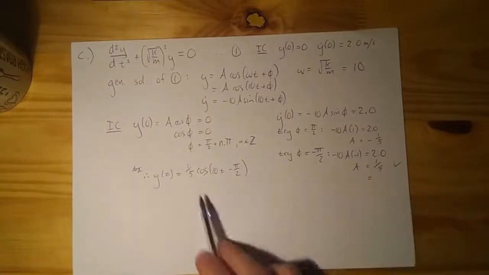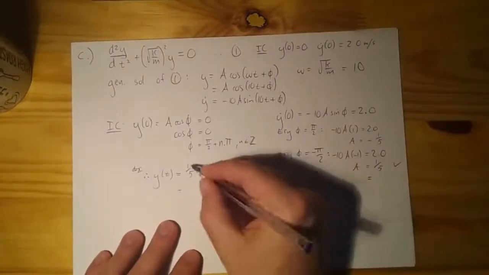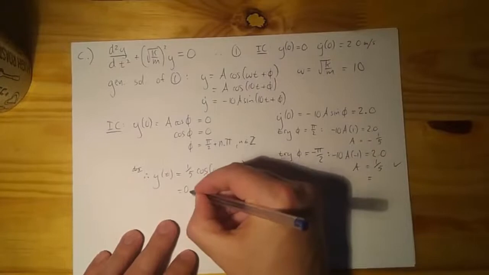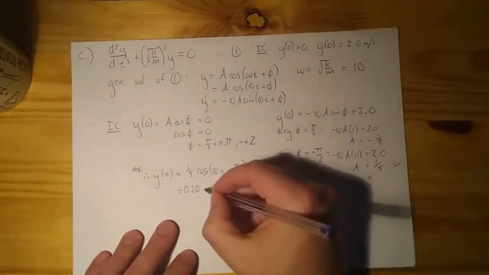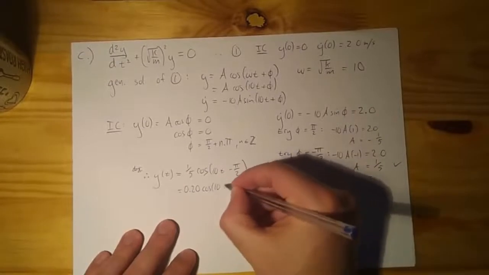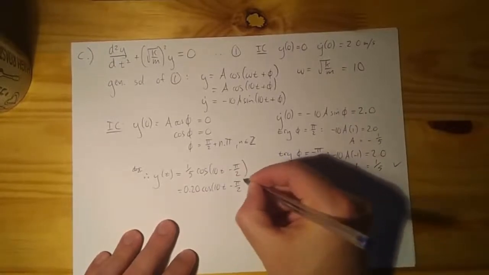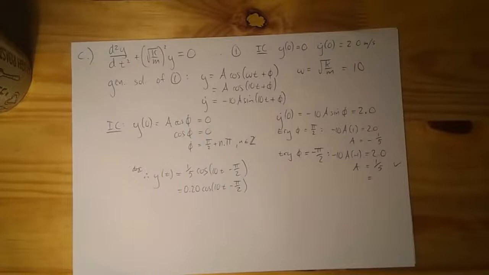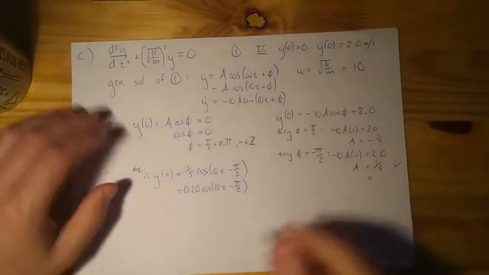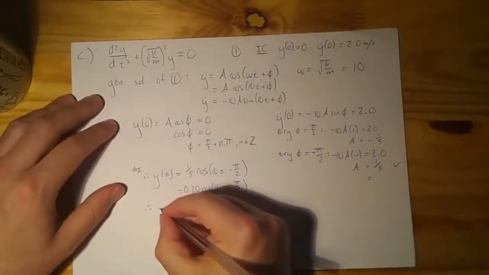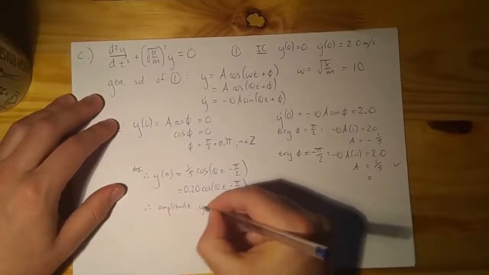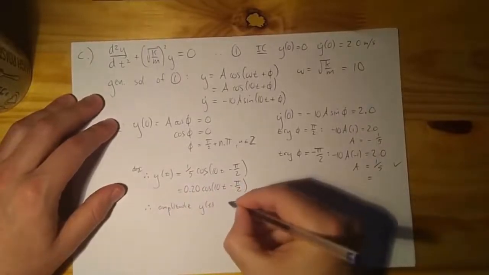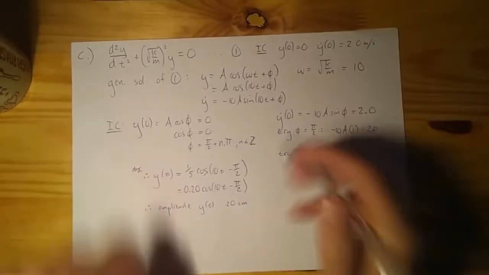So perhaps I shouldn't write it like this. What is 1 over 5? That is 0.20, yes, we have two significant figures. So 0.20 cosine of 10t minus pi over 2. Good, so that tells me that the amplitude of y of t is 20 centimeters.